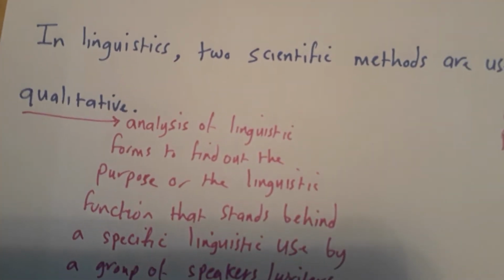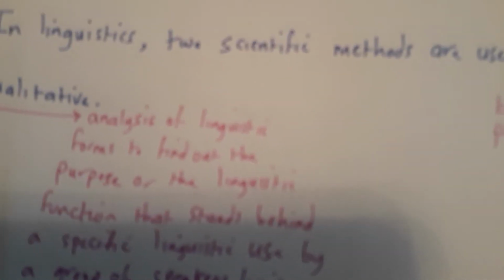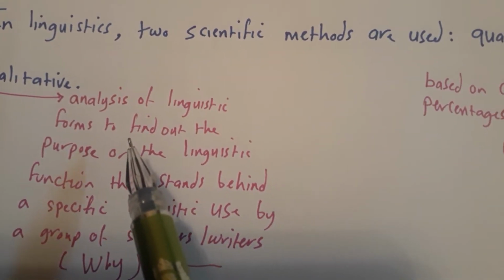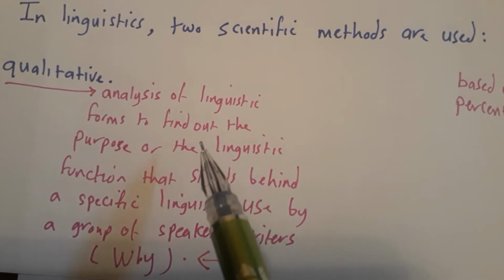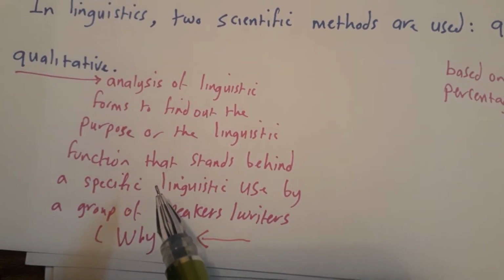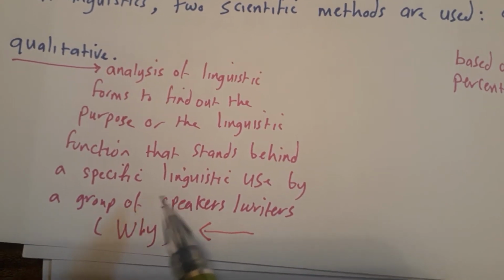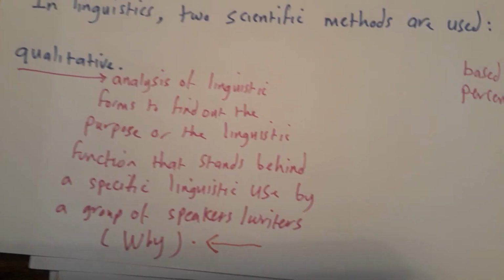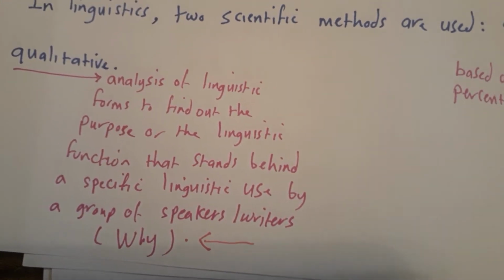In a qualitative analysis of a linguistic form, we are focusing on examining or finding out the purpose or the linguistic function that stands behind a specific linguistic use by a group of speakers or writers. You have to tell me why. Is there a reason that stands behind such use or not?